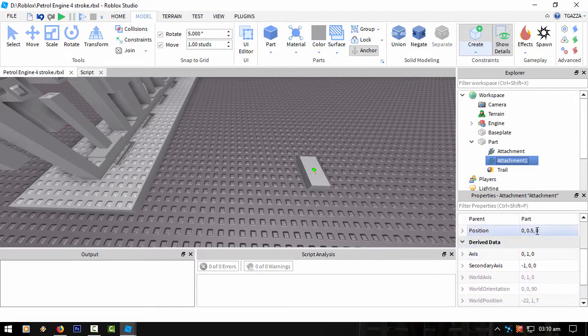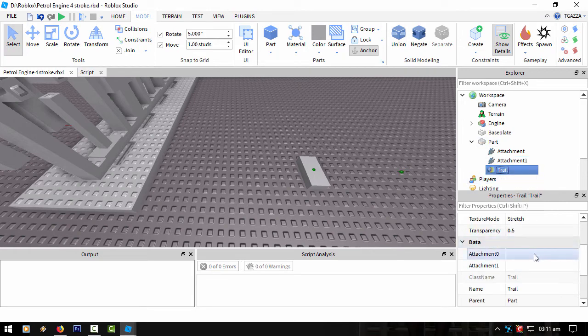So let's move this. Let's move it 10 studs that way. And let's move these. This is how you would normally do it manually if you like. Since Roblox has actually added that, you can actually just click on the empty space and then go up to your attachment point and it fills it in.